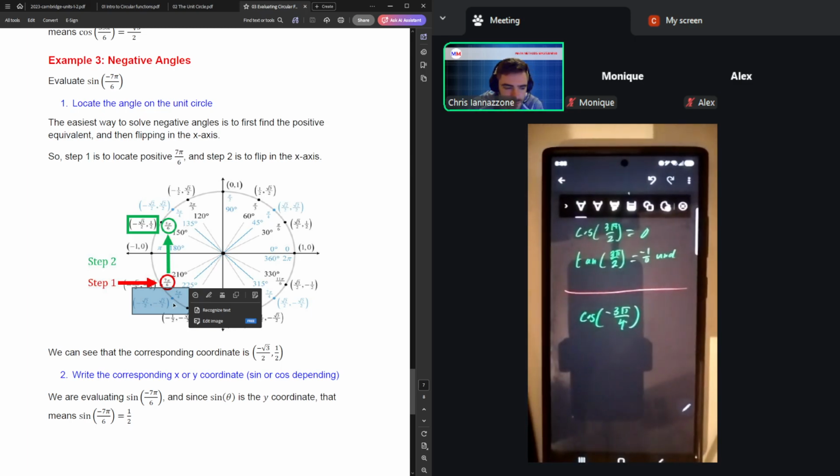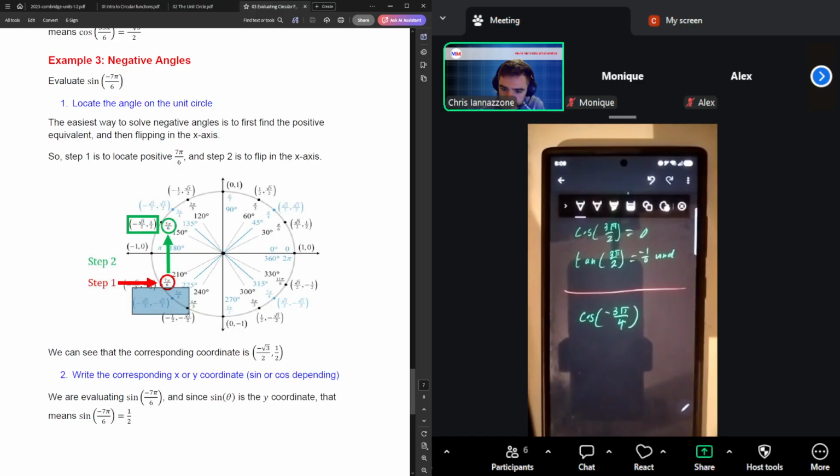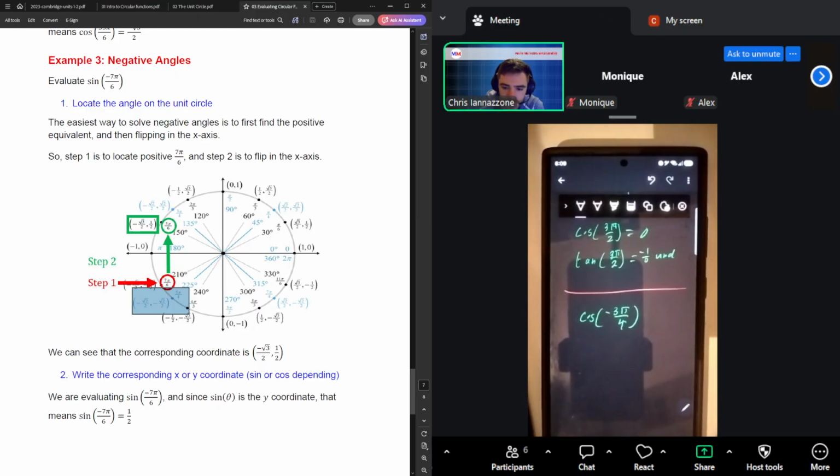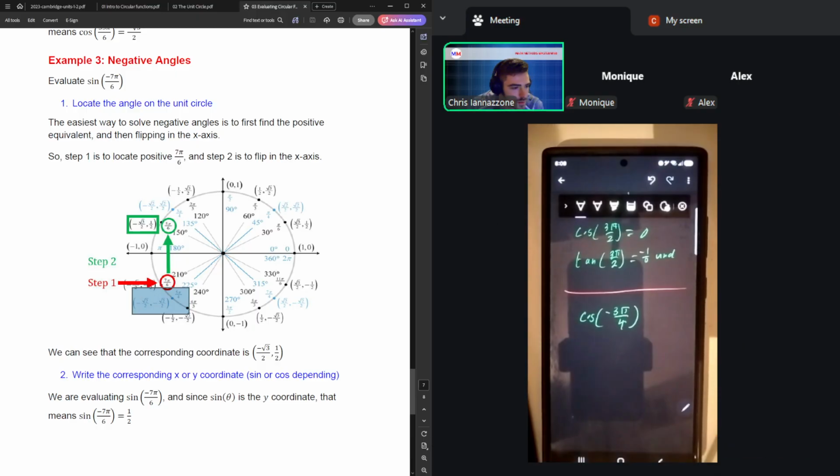Which way did you go? Did you do this method or did you count around? Yeah, okay, that's fair. And I like it too, because it helps with the more challenging ones.